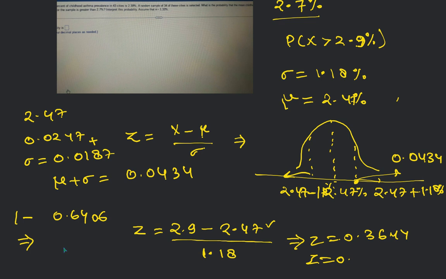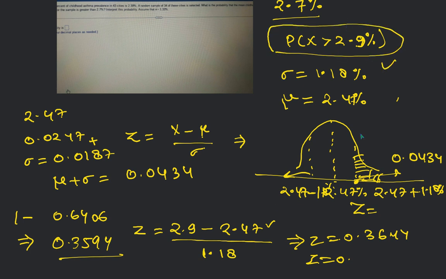Okay, hold on. 1 minus 0.6406 is 0.3594. Yes, 0.3594. So this is the value for which this particular probability condition is satisfied.